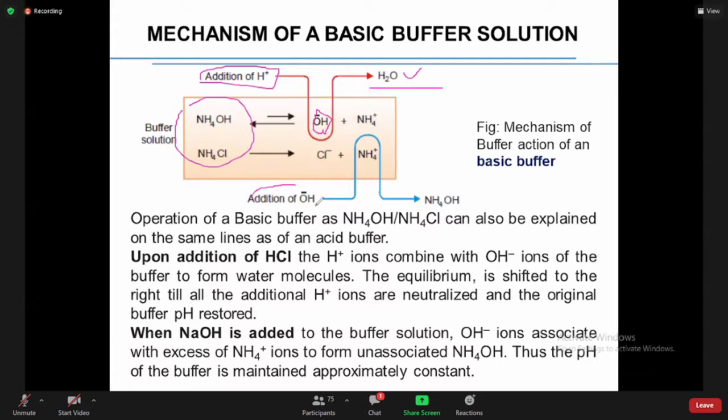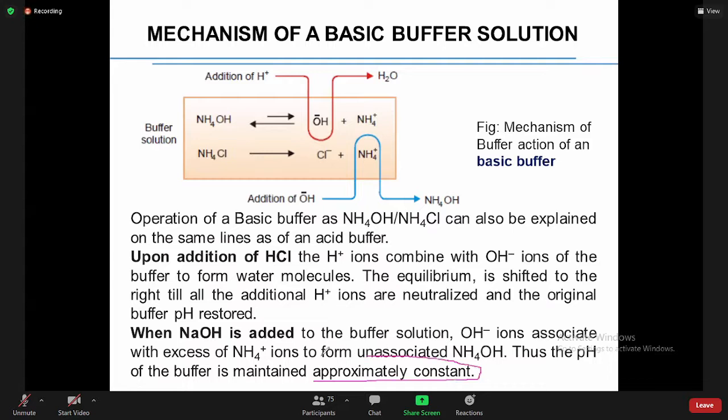So how about this one? How can you explain the production of the same base, ammonium hydroxide? The newly produced ammonium hydroxide will not dissociate much, because of the previous ammonium hydroxide, which is undissociated, right?